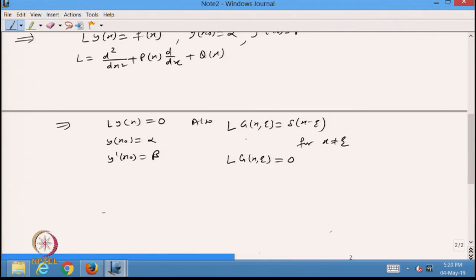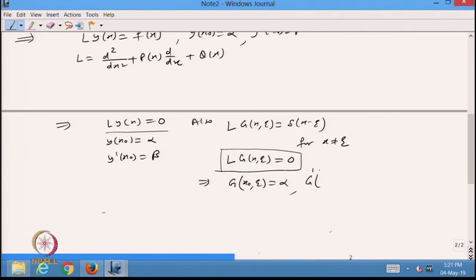It means that whatever Green's function I am going to find out satisfies this condition also. It means it comes from the corresponding homogeneous equation I am solving, so I can say that my Green's function will also satisfy the initial condition.